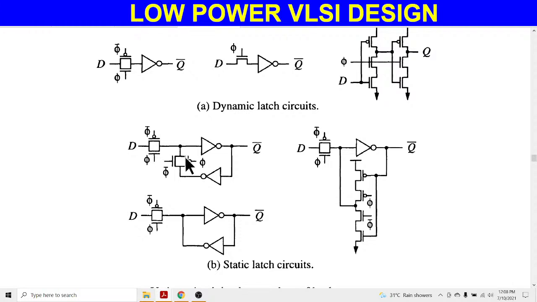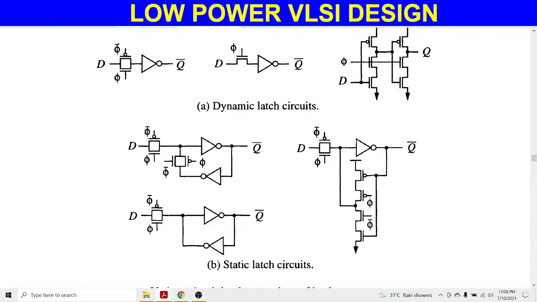So when input is 1, some threshold loss problem occurs when we implement any flip-flop using NMOS circuitry. This first circuitry that is implemented with a transmission gate avoids the threshold loss problem that occurs when we implement a flip-flop with only NMOS.